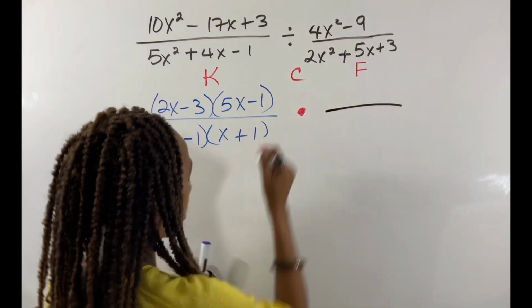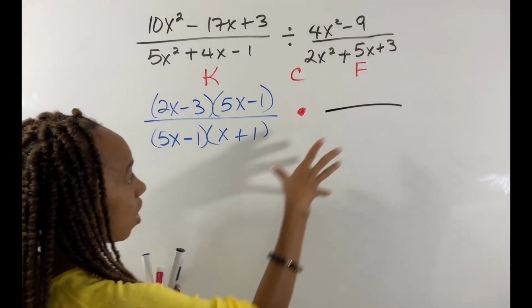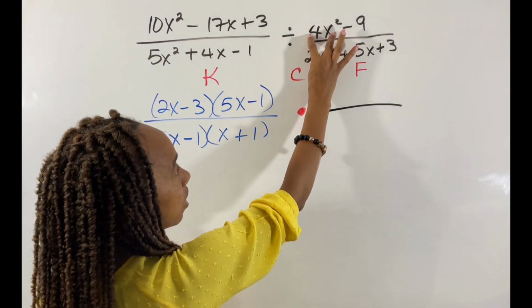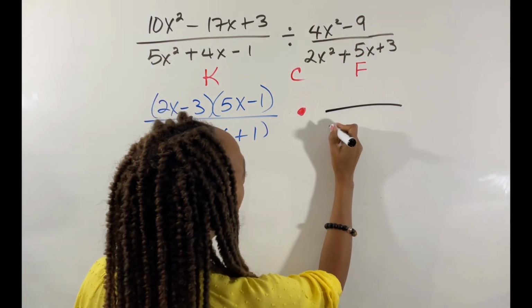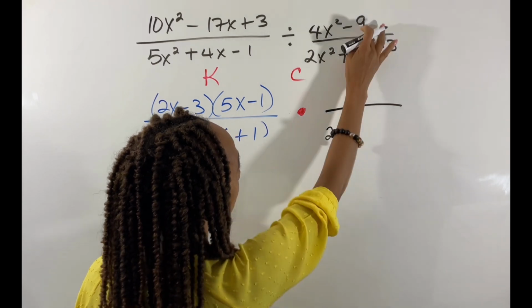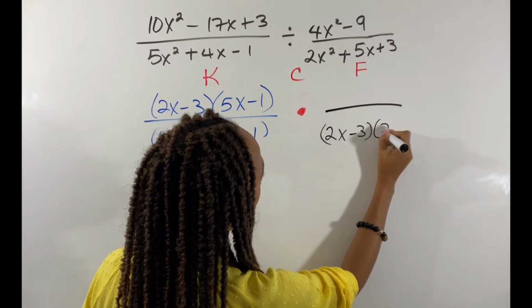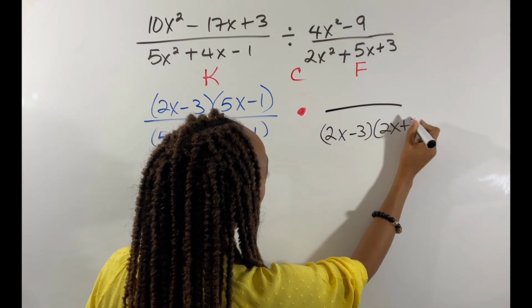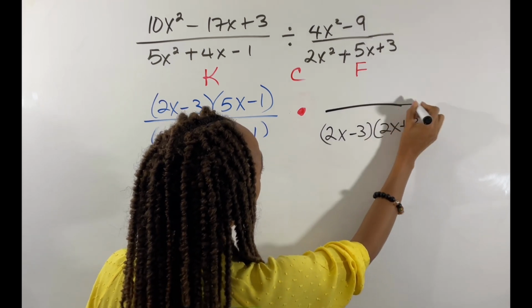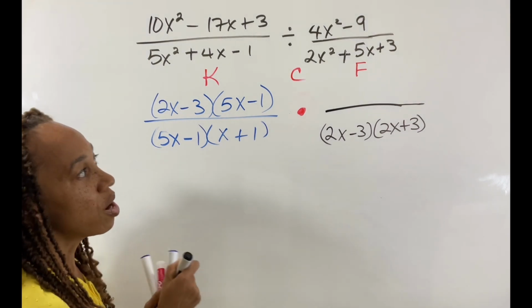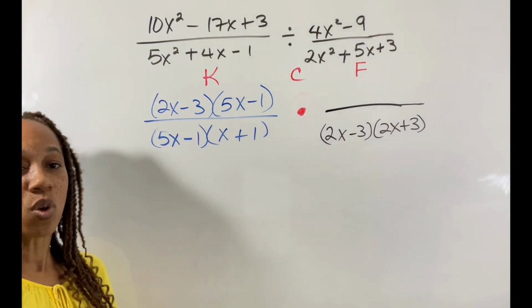We are going to have our difference of perfect squares under the bottom, and that is going to give me, finding the square root of that, 2x, and finding the square root of 9, 3. One is going to be negative, one is going to be positive. And then you have the other quadratic there where you have to factor that out also.